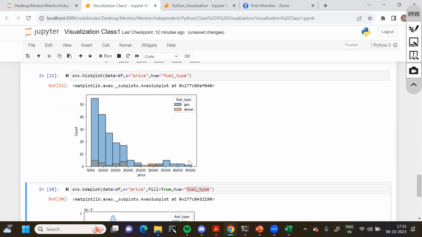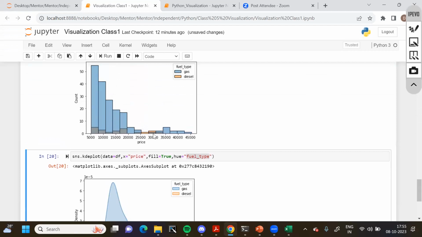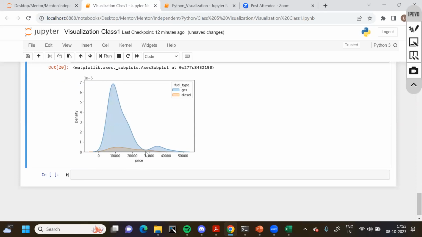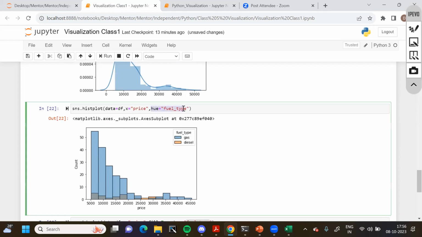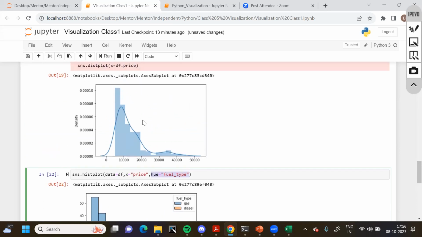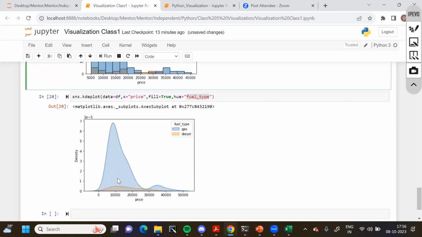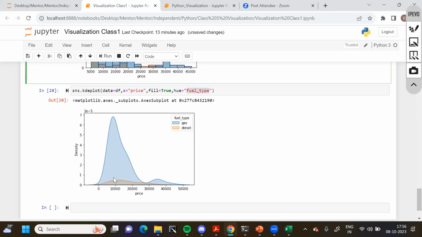You can see there are certain price segments where diesel is exceeding, for a certain group. Otherwise generally the diesel automobiles' prices are lower. So this is for the distribution. Hue we generally use for a categorical type of variable, to differentiate how prices change based on that particular thing.